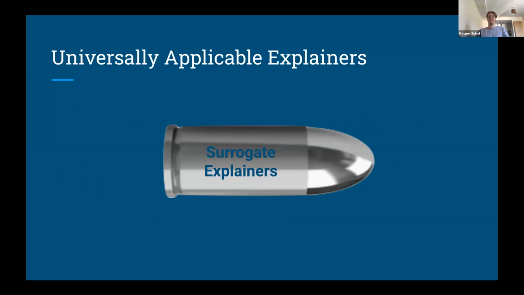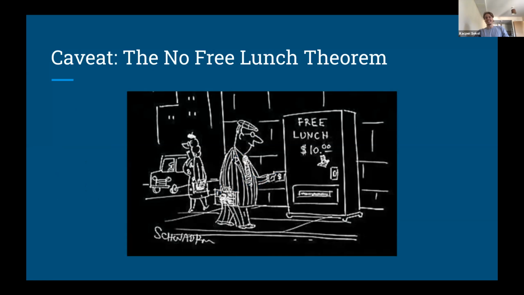So it seems like the silver bullet: you can solve any opaqueness problem in machine learning with surrogates. Well, if that was the case, we probably would be done by now. Sorry to disappoint you. There is this folklore in computer science called the no free lunch theorem, which in this case can be understood as: a single explainer cannot perform universally well across all the possible explainability tasks.